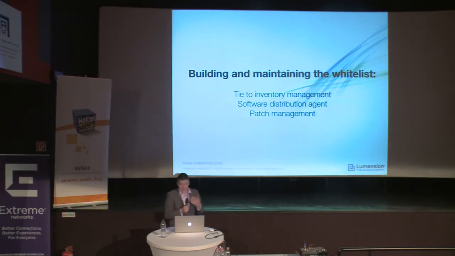Then you have to have a software distribution agent, because eventually, even after you whitelist the main applications and block everything else, which we might call a lockdown, you'd still need to distribute changes, to introduce changes to your environment. And you would also need to do patch management.